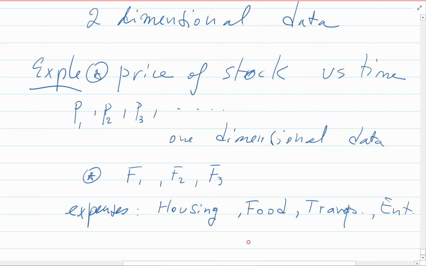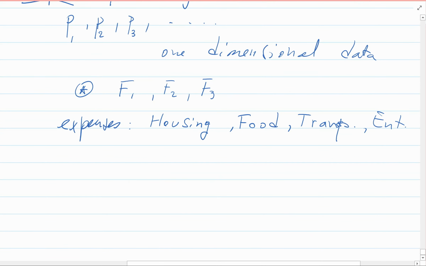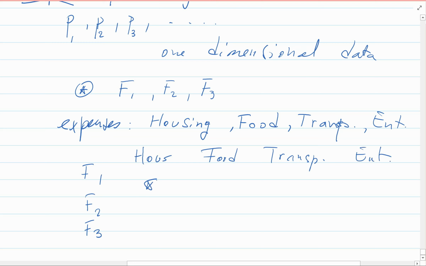So in this case, we have family 1, family 2, family 3, and here we put housing, food, transportation, and entertainment. We're going to have here a number, here another number, and so on. So you see, it's one-dimensional data for family 1. What about family 2?